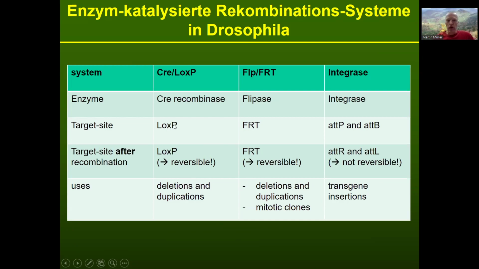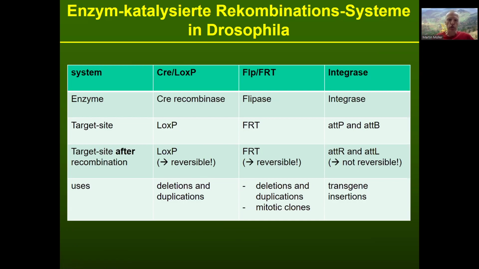If you have two LoxP sites somewhere in the genome relatively close to each other, you can easily make a deletion by introducing the Cre recombinase. There will be a recombination event between the two LoxP sites and you will lose the DNA.